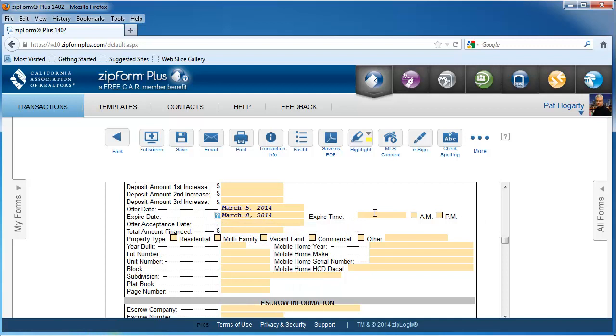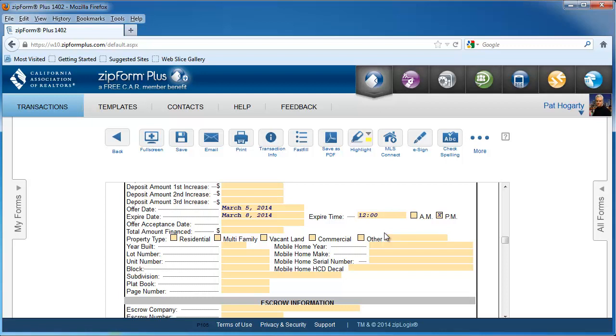And I'm going to say expire time is going to be 12, PM, okay, and that's 12 p.m. In other words, by that time, if we don't get it back in writing that they've accepted the offer, then the offer goes away.